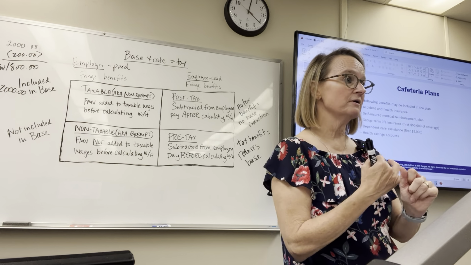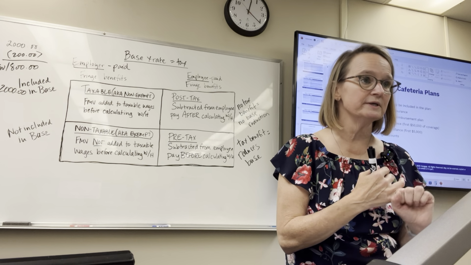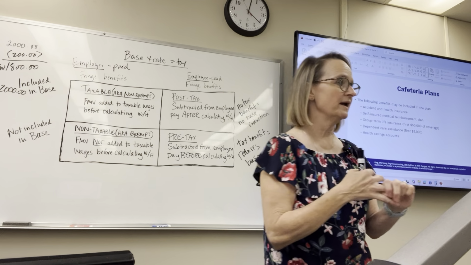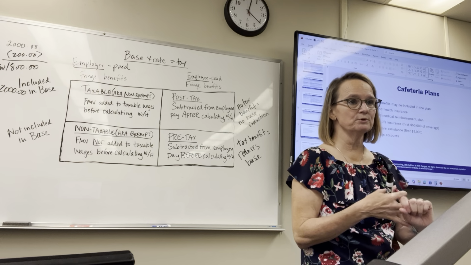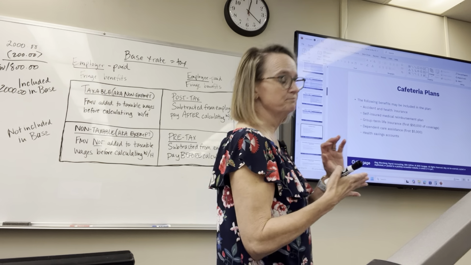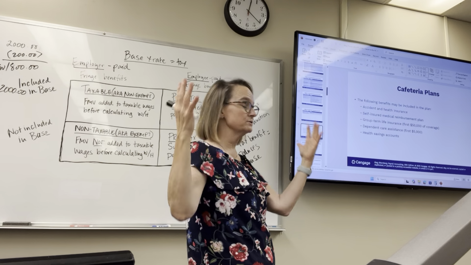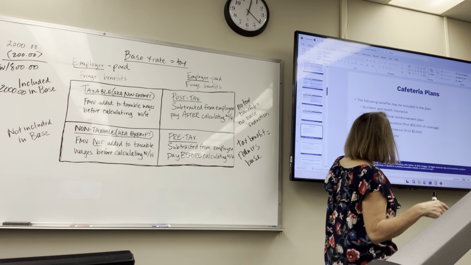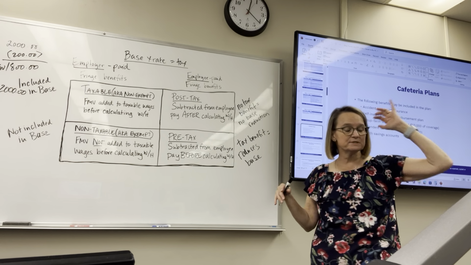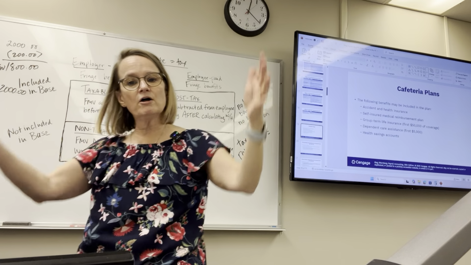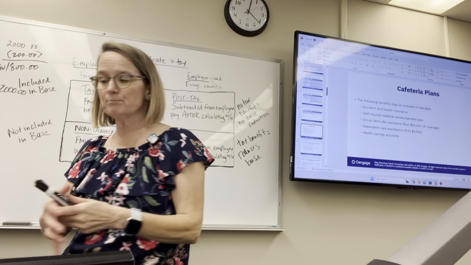You can't pay for health insurance premiums with it, but you can pay for your co-pays or your deductibles or your prescriptions, your eyeglasses, all of that kind of stuff. So all of these types of benefits can fall under this cafeteria plan umbrella.